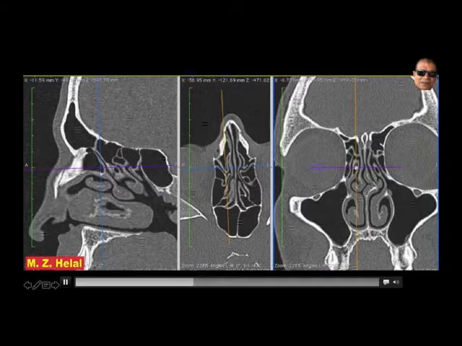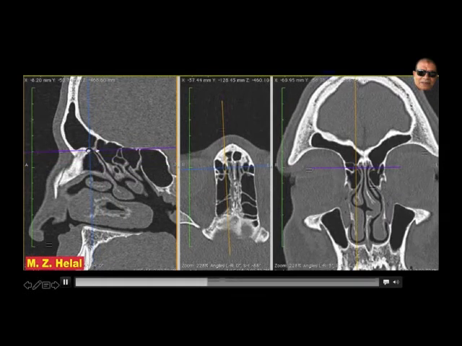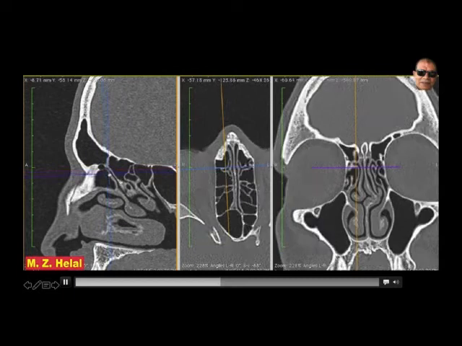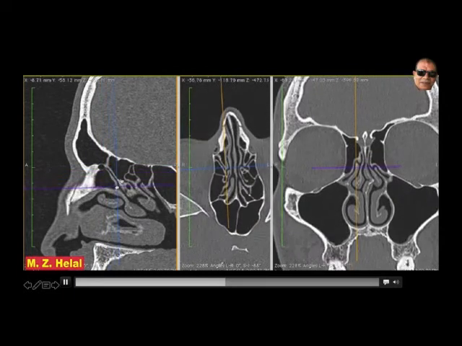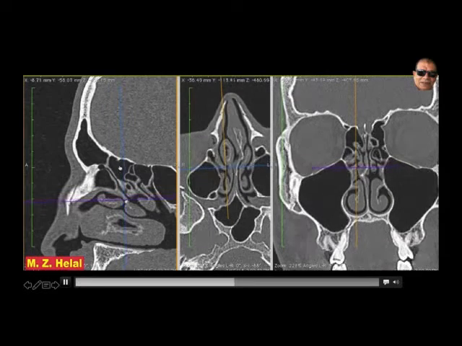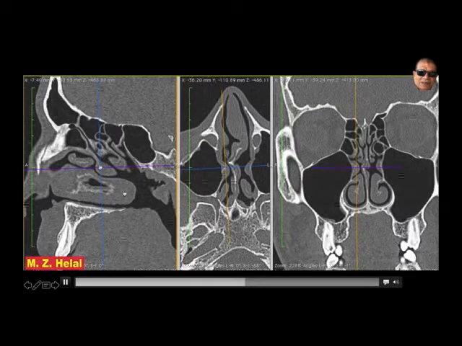Following the uncinate superiorly will guide us to the site of the natural ostium of the frontal sinus. And here is the bulla, which is rather large, reaching the skull base, and within this large bulla one can expect to find the anterior ethmoidal artery.